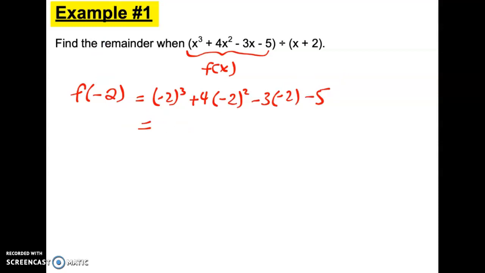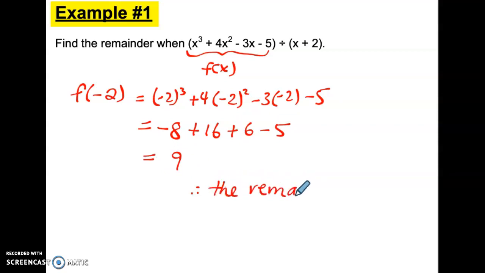And if I work this out, then I will get the remainder. So I have negative 8 plus 16 plus 6 minus 5, which ends up being 9. So the remainder is 9. And we could have, of course, also found the remainder by actually doing the division.